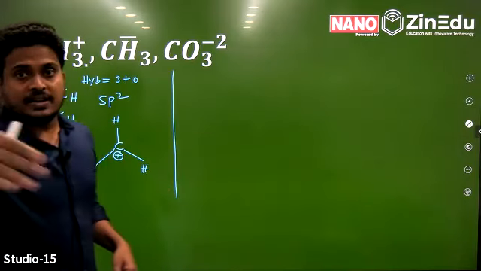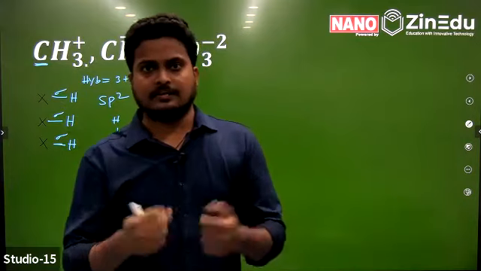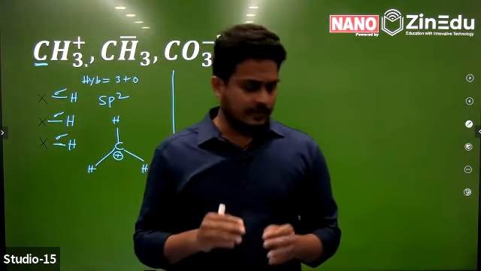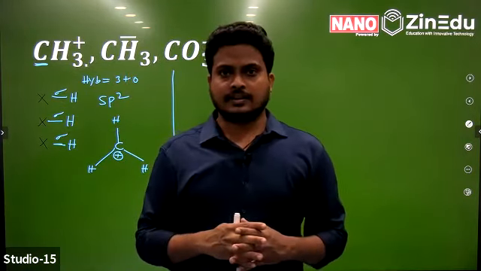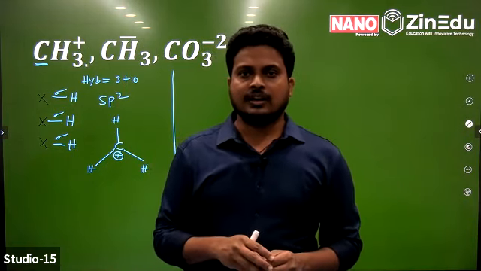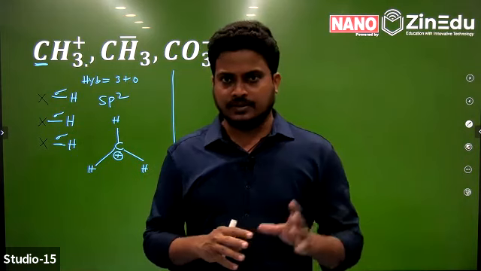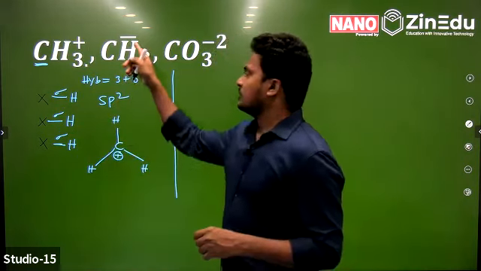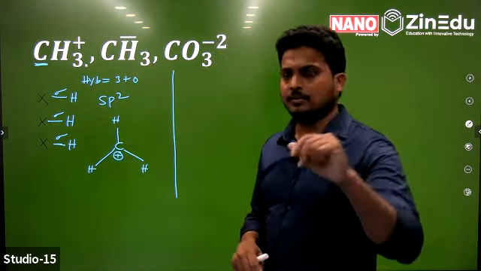Negative charge always indicates excess of electrons. Positive charge always indicates deficiency of electrons. Here how many negative charges are there? Only one.